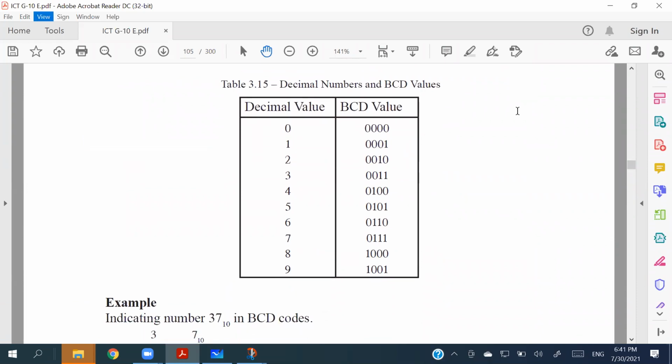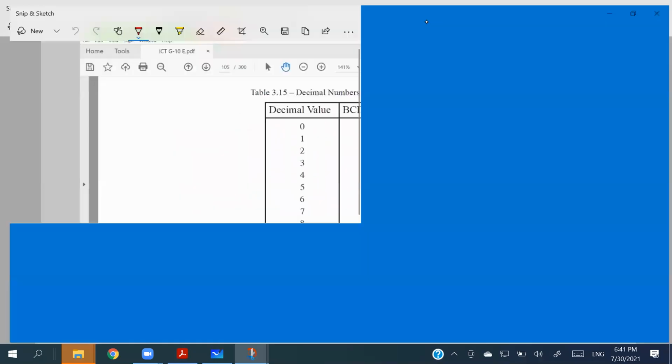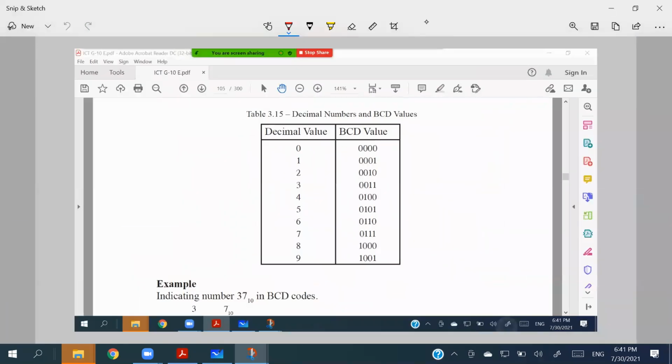If you think about one particular decimal value, you are going to represent it using these 4 bits. These 4 bits can contain the place values 1, 2, 4, and 8, right? So the only thing they have done is create a code which represents the decimal value.